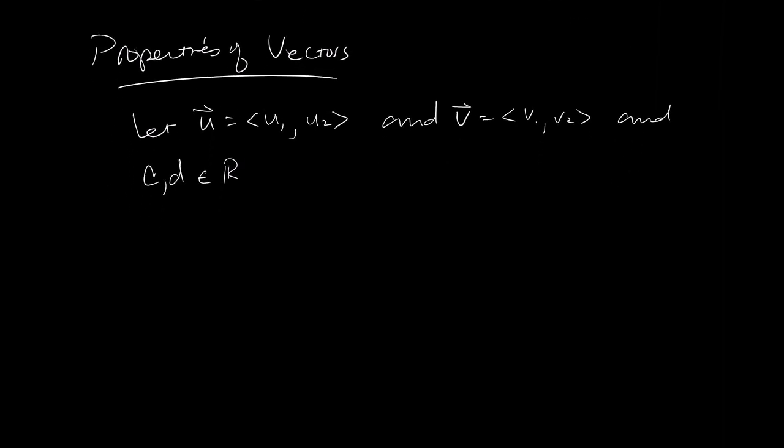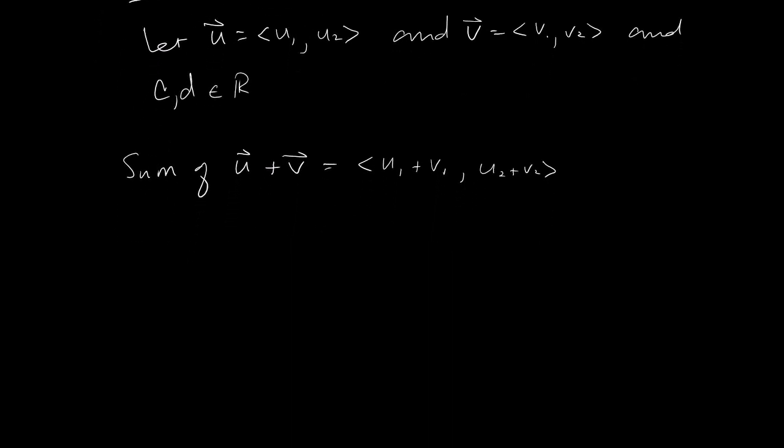If that's the case, then we have the following. The sum of two vectors, u and v, is going to be the sum of their components, u1 plus v1 and u2 plus v2.